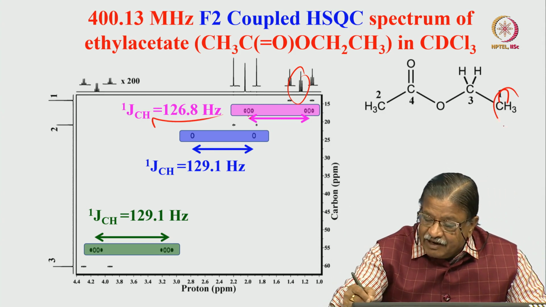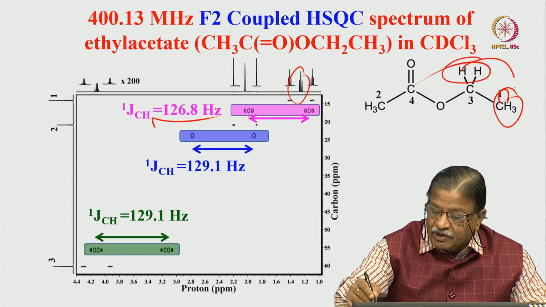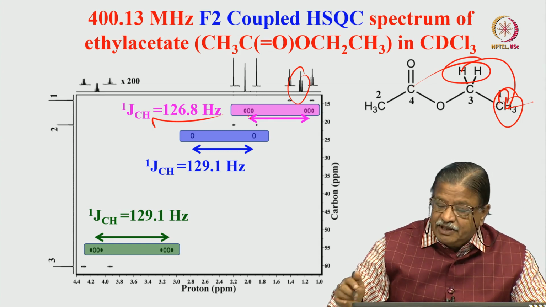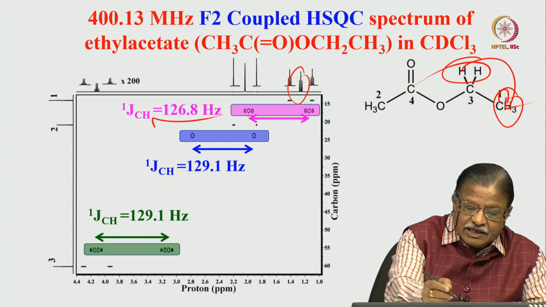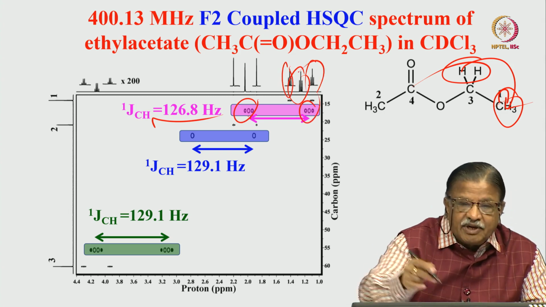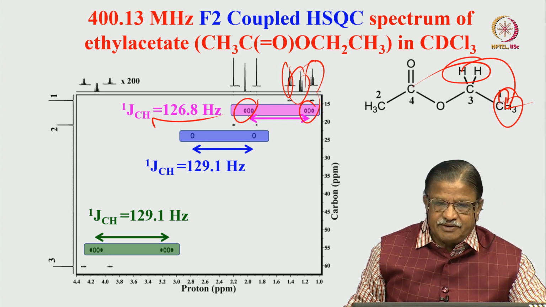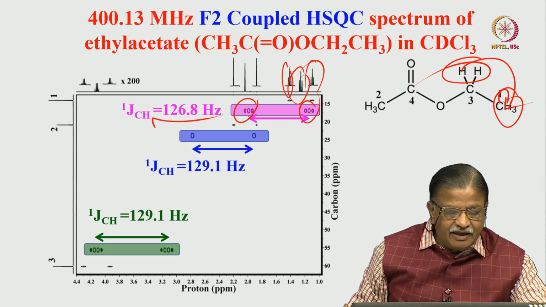But each line of this doublet is split into a triplet because of this proton, which splits this CH3 proton into a triplet. As a consequence, the satellite pattern appears like 1 to 1 triplets, you see 1 to 1 triplets here. So, this pattern is a doublet of triplets. Fine. What is the next one?